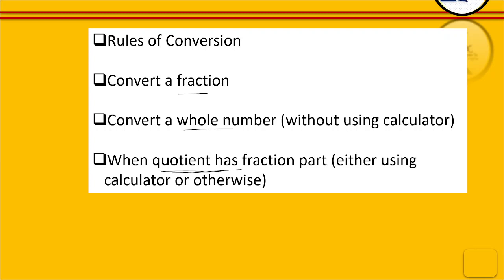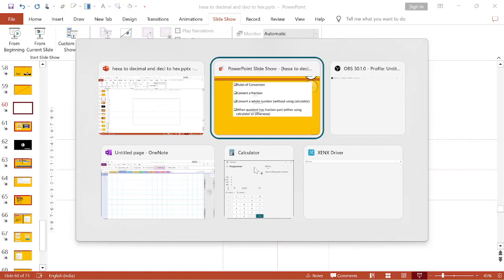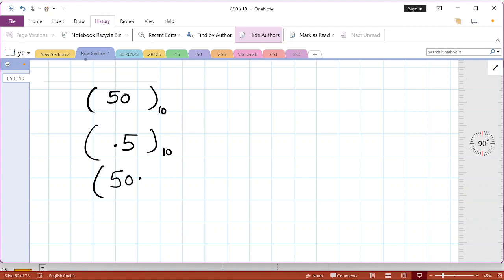Now we are talking about fraction and the whole number. So the number that can be given to you can comprise of a whole number. You can be asked to convert a fraction, and it can be also a mixed number, right? So our number can be made up of two parts, whole number part and fraction part.